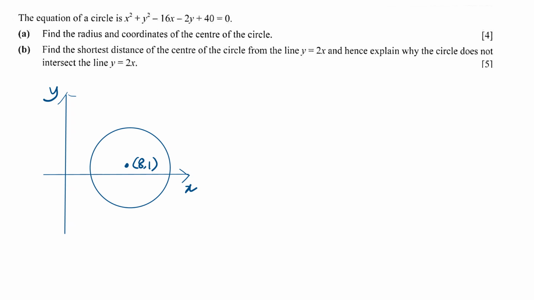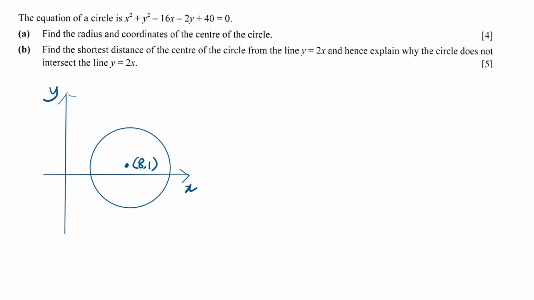So for part B, we're asked to find the shortest distance of the center of the circle from the line y equals 2x, and hence explain why the circle does not intersect the line y equals 2x. Since we've found the center of the circle to be 8, 1, and also the radius of the circle, we can do a rough sketch of how the circle will look like.